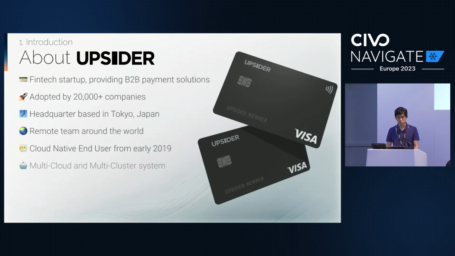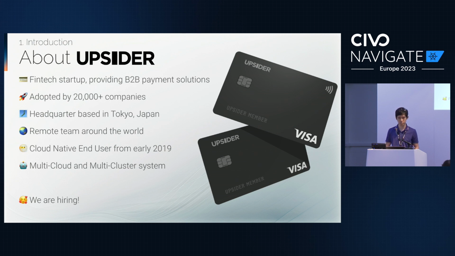About Upsider quickly, it's a fintech startup providing B2B payment solutions adopted by 20,000 plus companies. It is a startup, but it's been there for a while. Headquarters is based in Japan, and the business is mainly in Japan, so you may not know about it. We have remote teams all around the world, and I myself am based here in London, and a few other folks are from Europe.